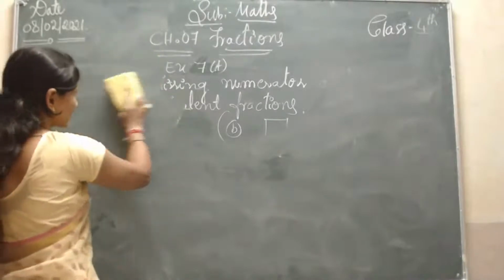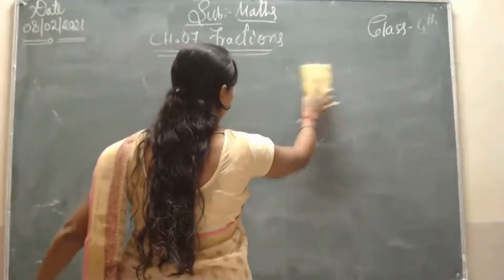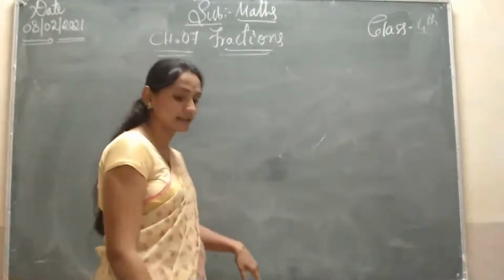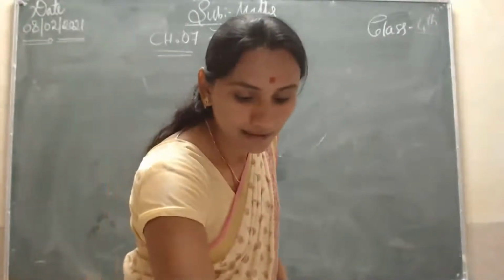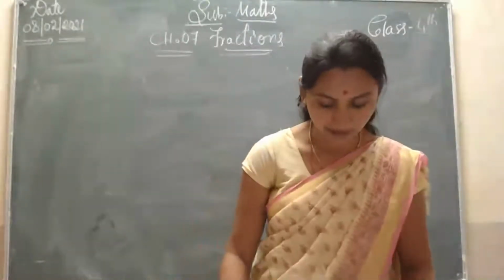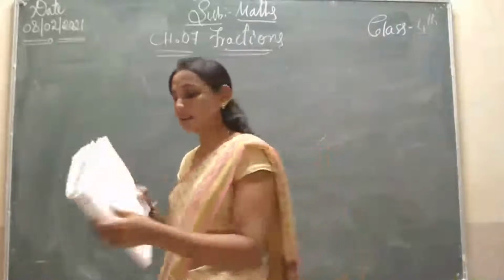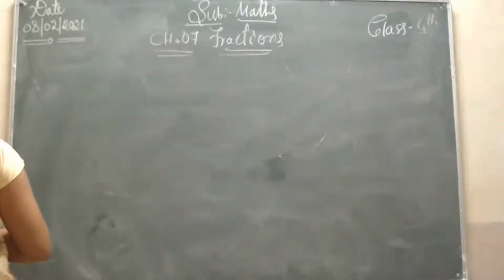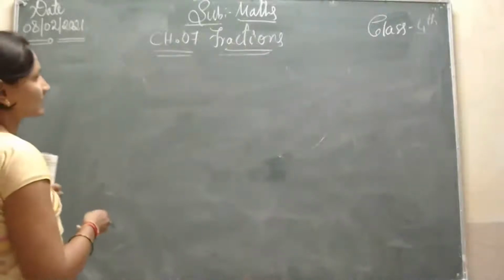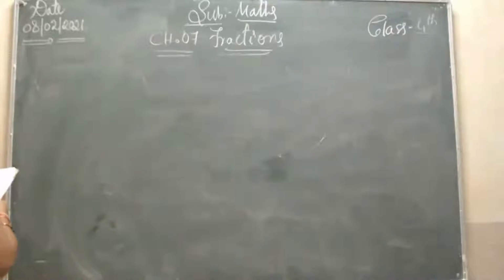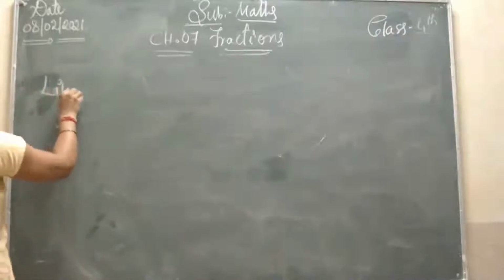Friends, a fraction has two main parts, and the types are 5. The major types are 3: proper, improper fraction, and mixed. Equivalent and like and unlike are not the major ones; the major ones are proper fraction, improper fraction, and mixed fraction. So now see the definition of like fraction.